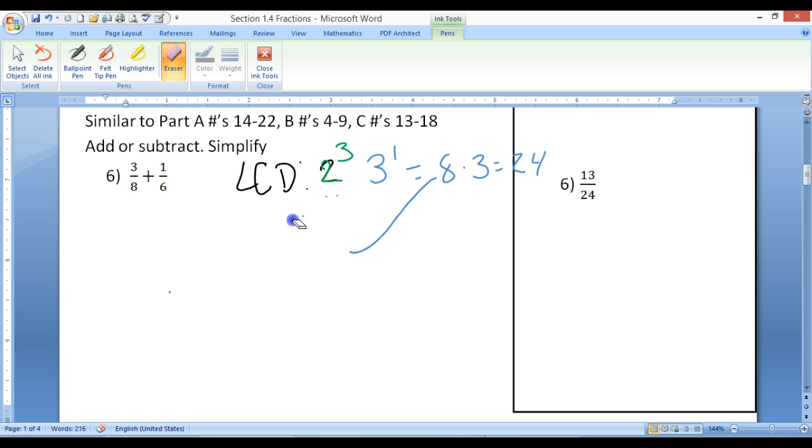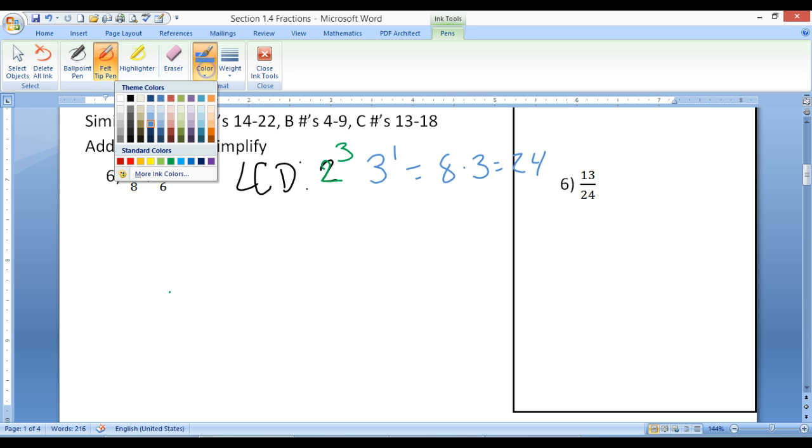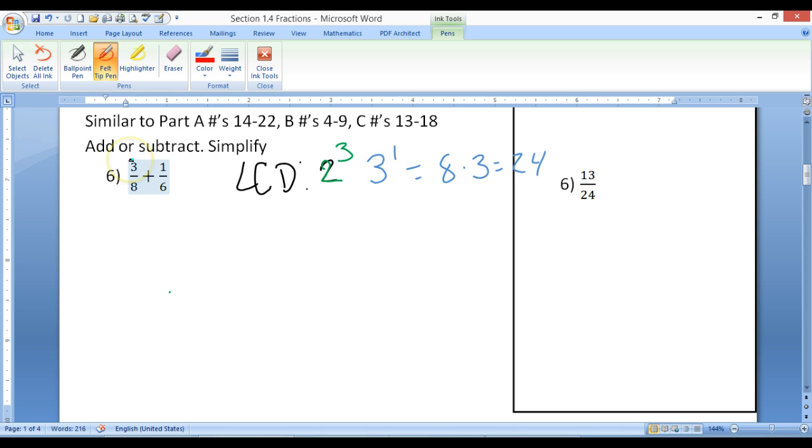Now we need to make those denominators 24. Let's come in and do red because you can see that pretty well. So we have my 3/8, and I need to make this denominator 24.